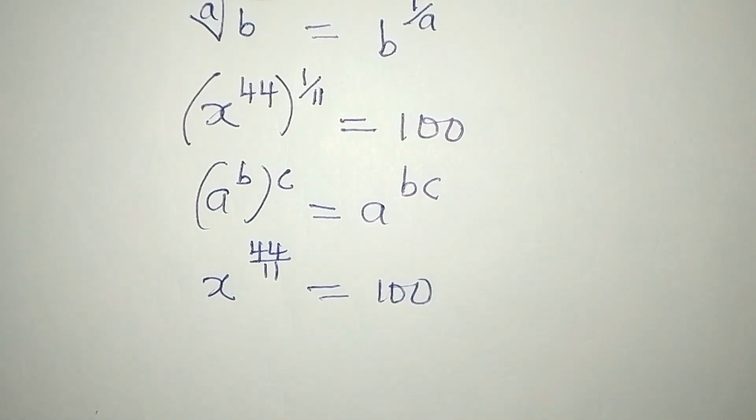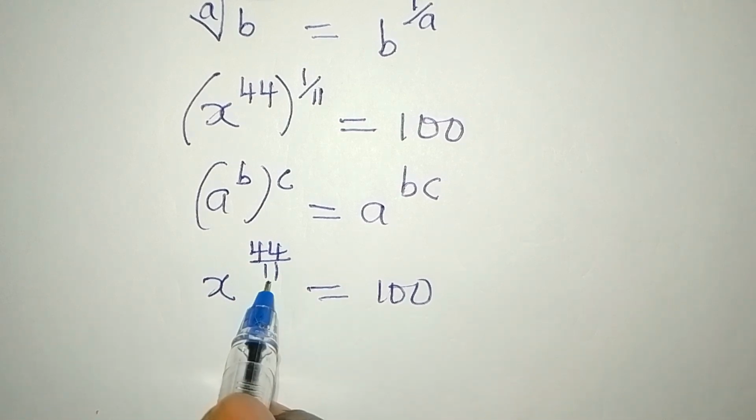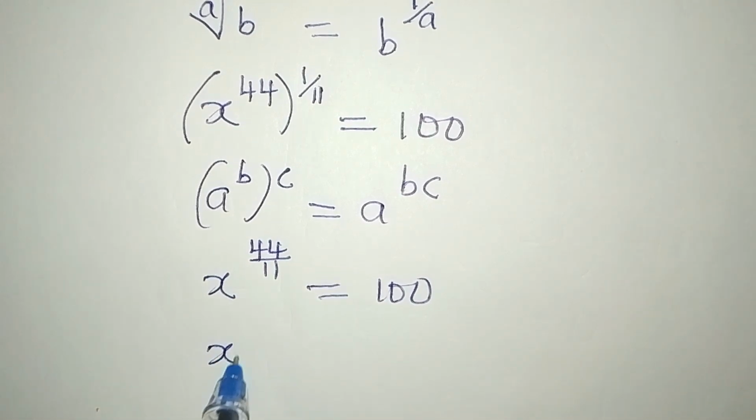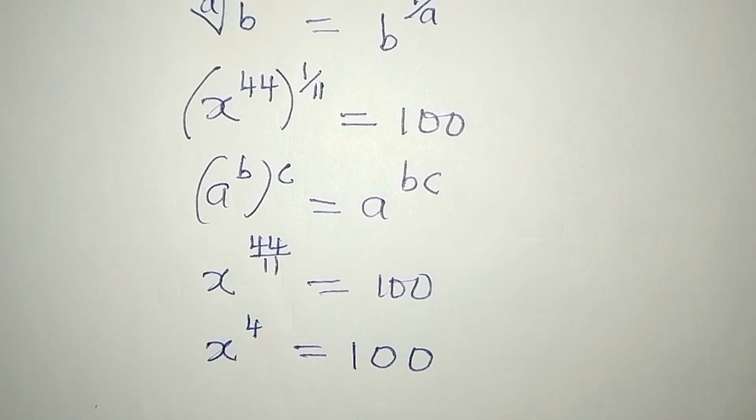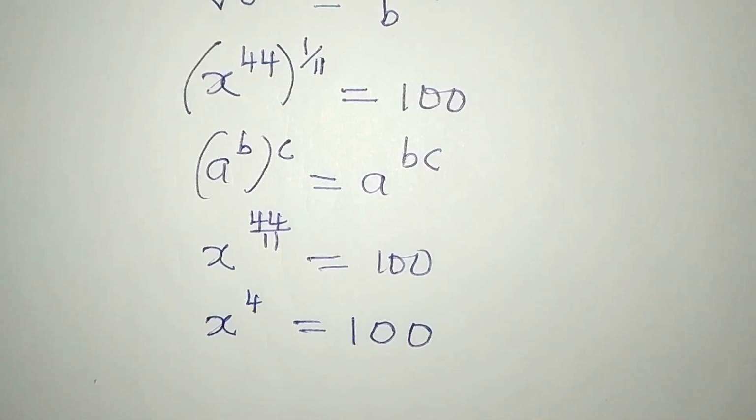Remember, we are looking for the value of x. Now, 44 divided by 11 is 4. So we have x to the power of 4 and it's equal to 100.